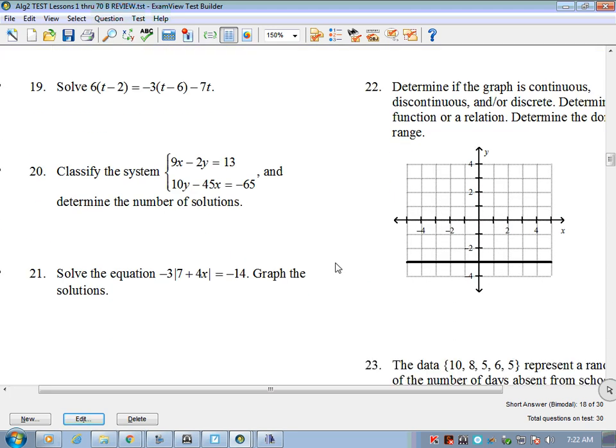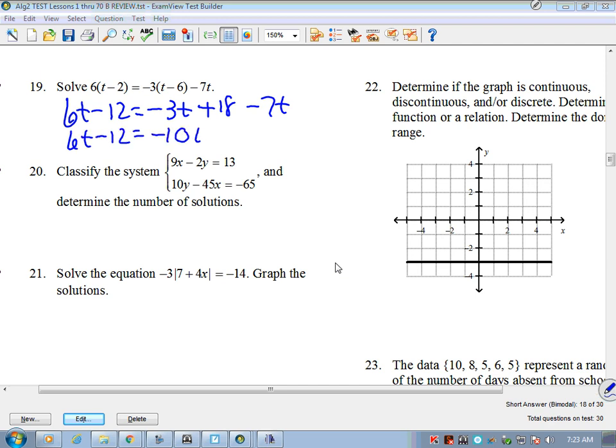19, you see this kind of goes back. We're rolling back through information that we've covered at this point. Okay, distribute the 6, distribute the negative 3. Okay, so we can do this relatively quickly. 6t minus 12 equals negative 3t plus 18 minus 7t. 6t minus 12 equals negative 10t plus 18.